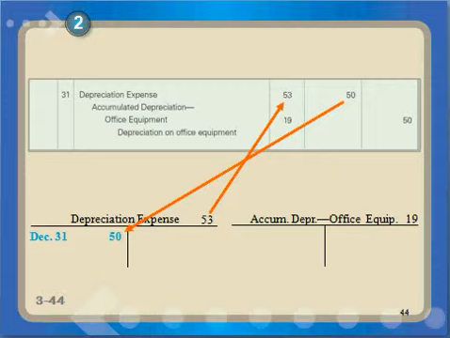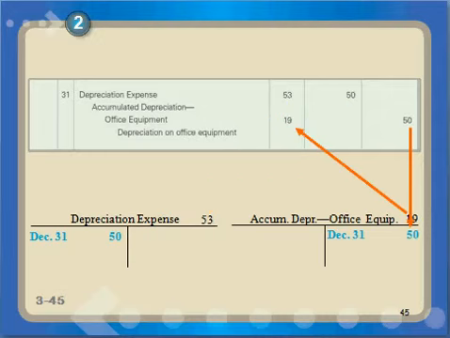But this accumulated depreciation will keep increasing until it gets up to the $1,800, and then we have a zero book value. But like I said, we debit depreciation expense, credit accumulated depreciation office equipment, and post that to our two ledgers, our depreciation expense ledger and our accumulated depreciation office equipment ledger.